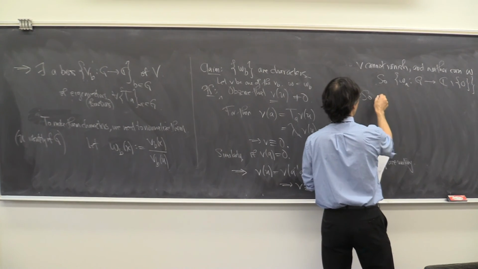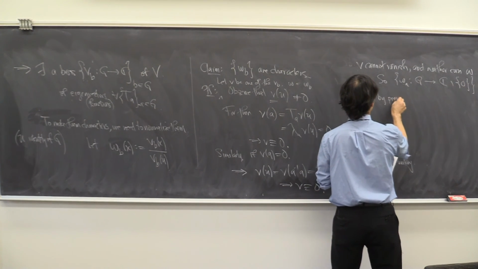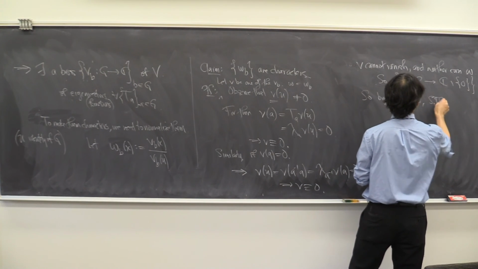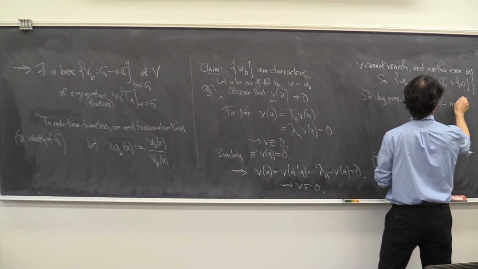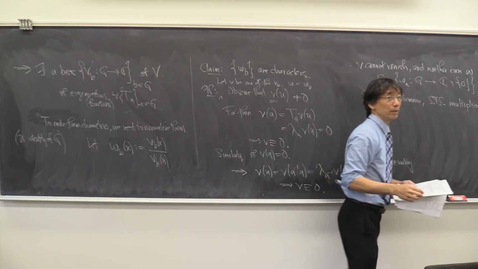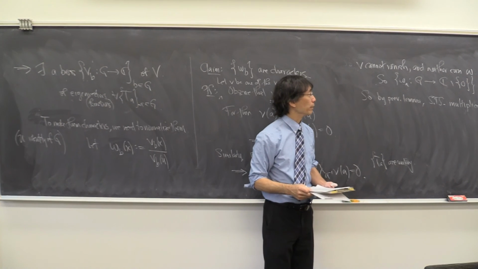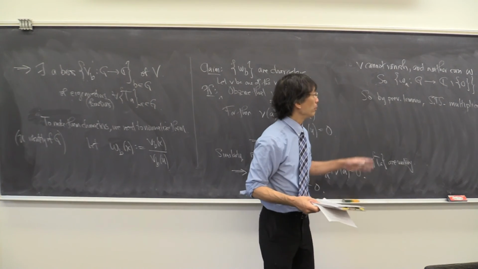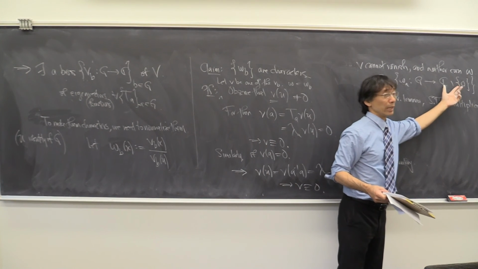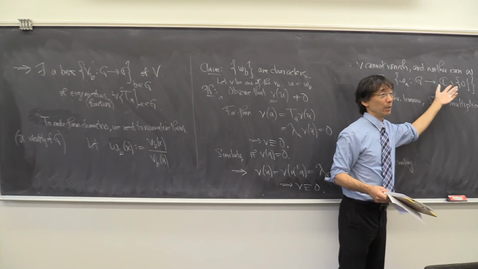So by the previous lemma, it suffices to show they're multiplicative, because remember we showed that as long as they're multiplicative and don't vanish, they're going to be characters.